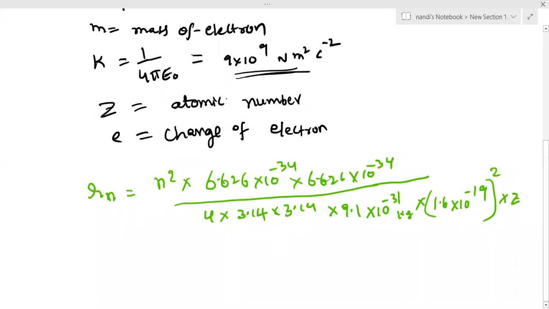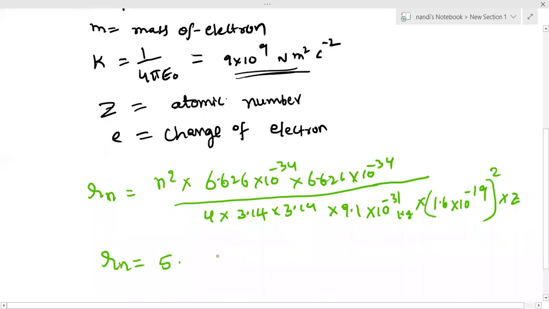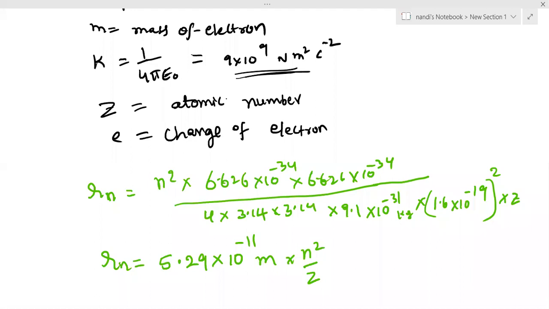By solving this, I am going to get Rn equal to, you can try it, whether it is correct or wrong, 5.29 into 10 power minus 11 meters into n square by Z. Okay, I didn't use the K value.